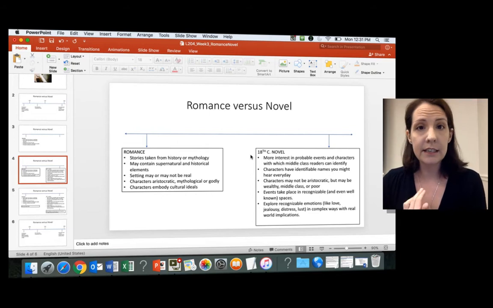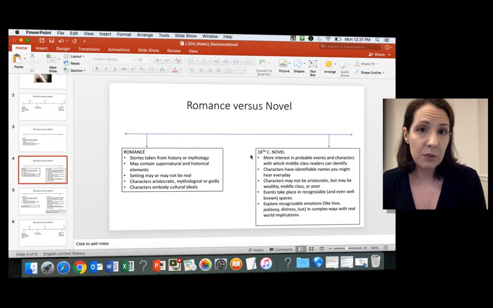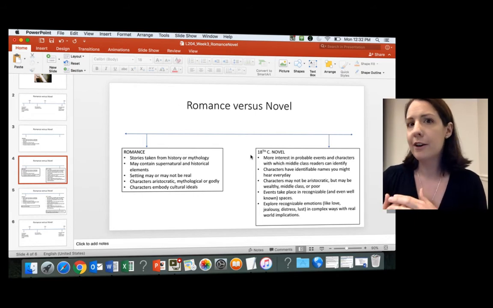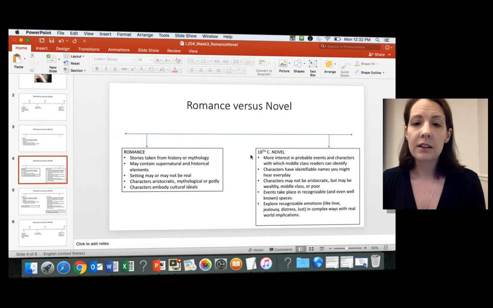So places like London, like resort towns like Bath, or border towns in Edinburgh, or even recognizable places within those cities. So it wouldn't be unusual for characters to be at a very recognizable theater like Drury Lane, or to be at a famous coffee shop, or to be at a famous pleasure garden.